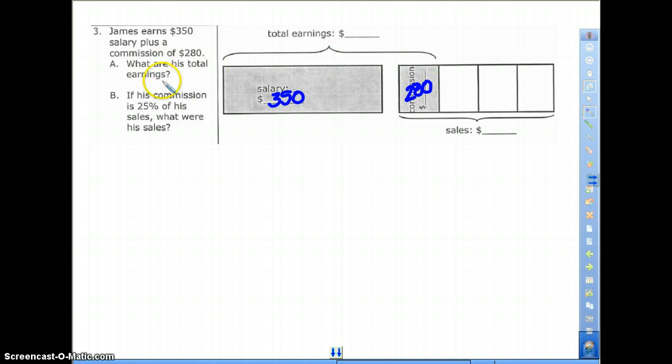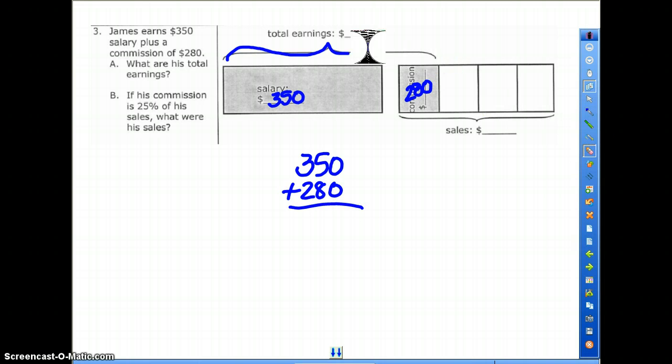It says, what are his total earnings? Well, his total earnings is his salary plus the commission. So we're going to take $350 and add $280 to that. That's his total earnings for the week. Okay, add that together. Let's see what you get.